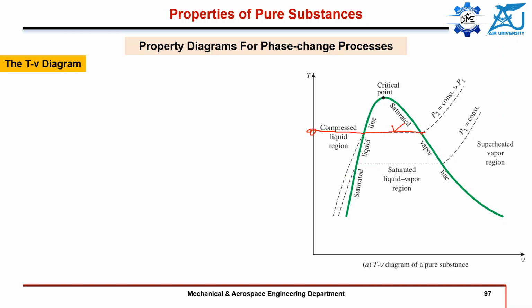But after this dome, there is no dependence of temperature on pressure or pressure on temperature. So for the same temperature, you can have different pressures, right? As we move from left to right, the gas will expand, the specific volume will increase, and the pressure will drop at the same temperature.